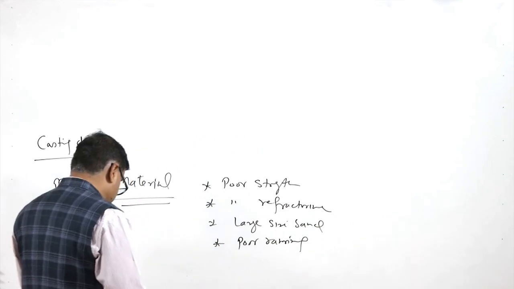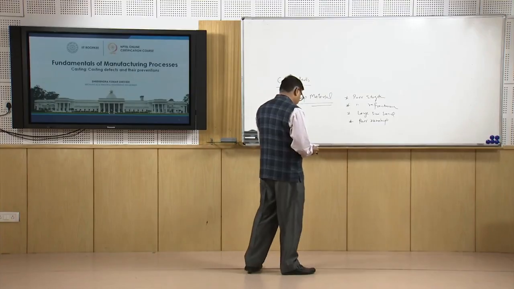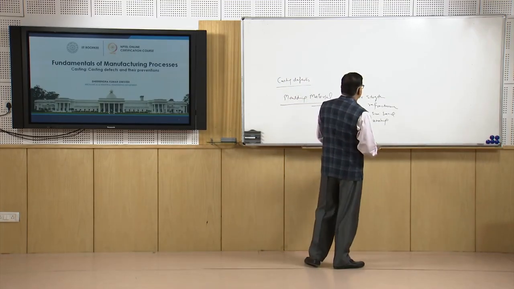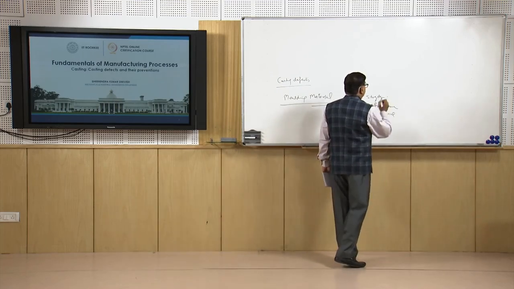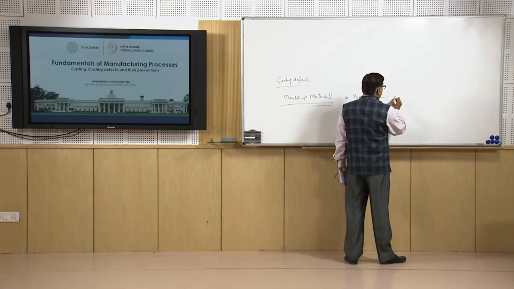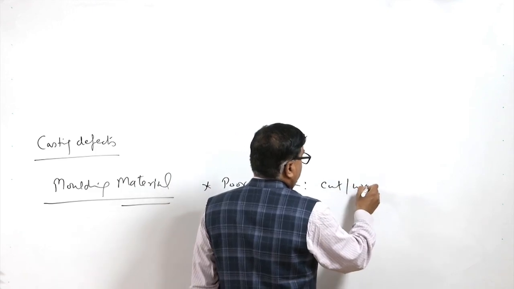So, these are some of the things which will lead to the presence of defects in the casting. So, the defects which are caused by the poor strength are like cuts and washes.